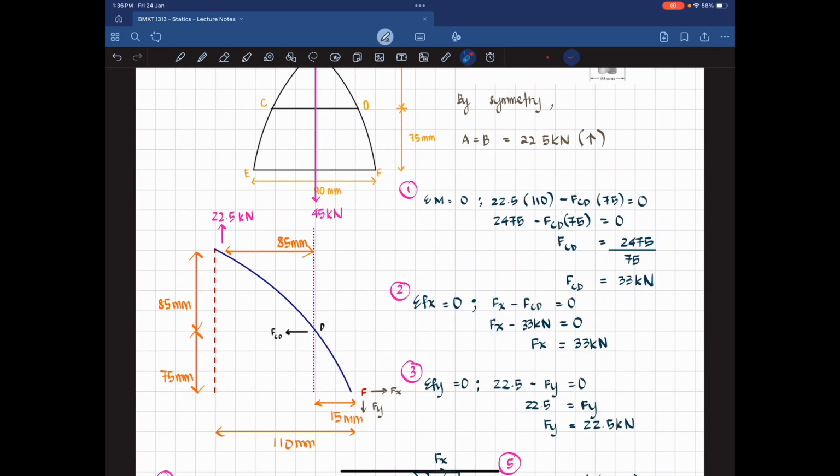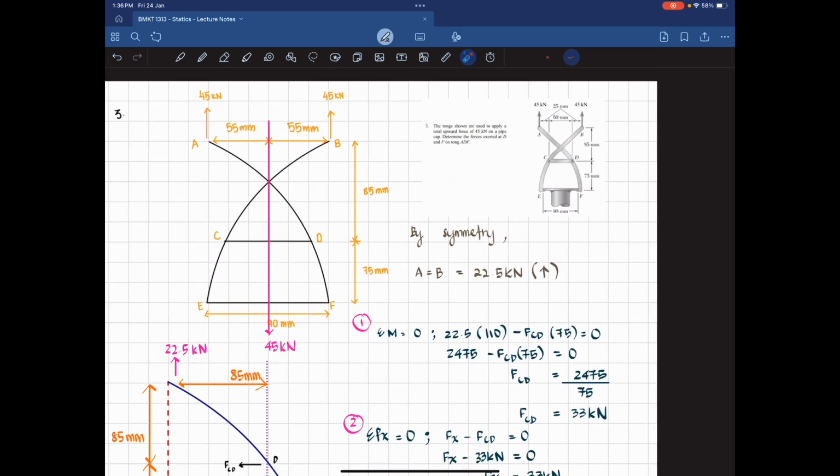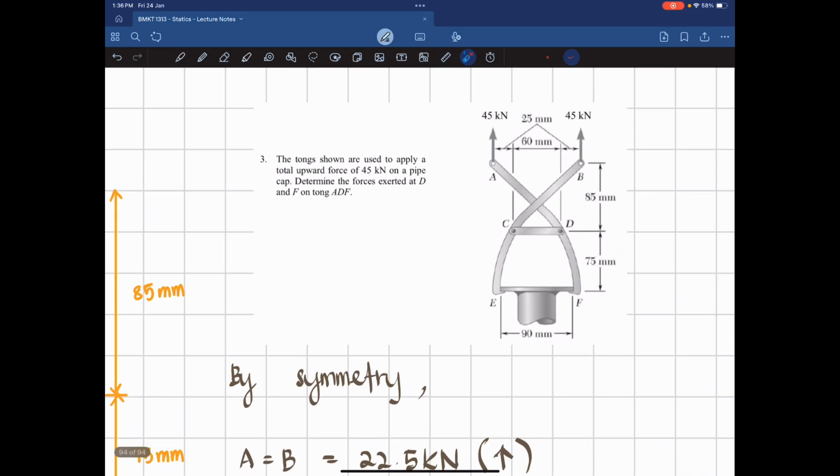Next, we need to find the distance between D and F. To get this distance, we look at the diagram. The distance between E and F is 90, and the distance between C and D is 60. So we need the balance on each side: 90 minus 60, divided by 2, which gives 15 millimeter.